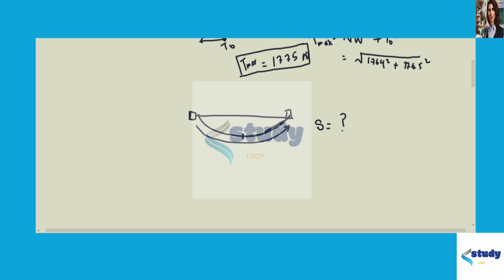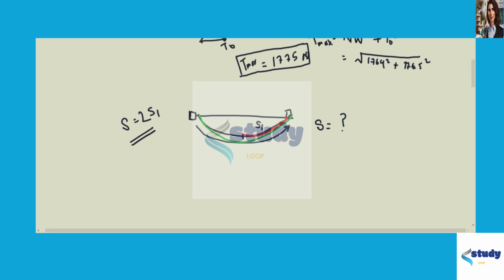So first we are trying to find the length of half of the cable, and due to the symmetry it will be equal to half of the length of the total cable. So let this be equal to S1, and S would be equal to twice of S1.